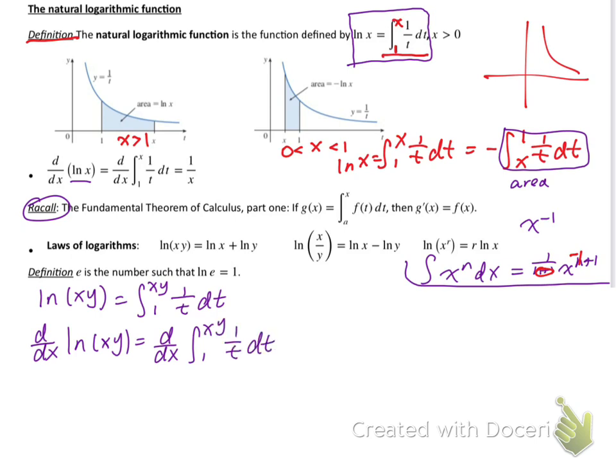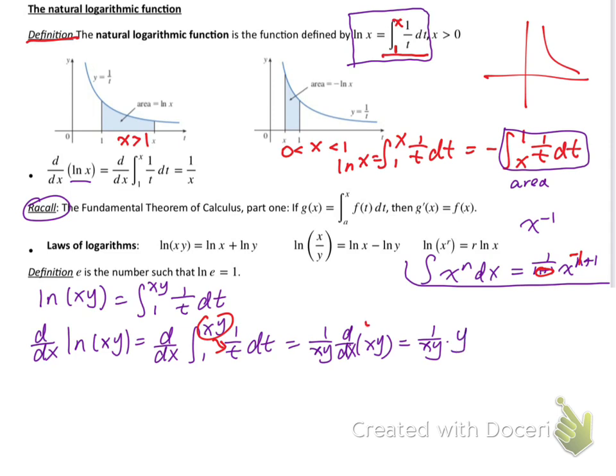Again, fundamental theorem of calculus, I'm really just having the xy plugged in here, but that's not x itself, so there's a chain rule. So it will be 1 over xy times d/dx of xy. So actually this is 1 over xy times y.